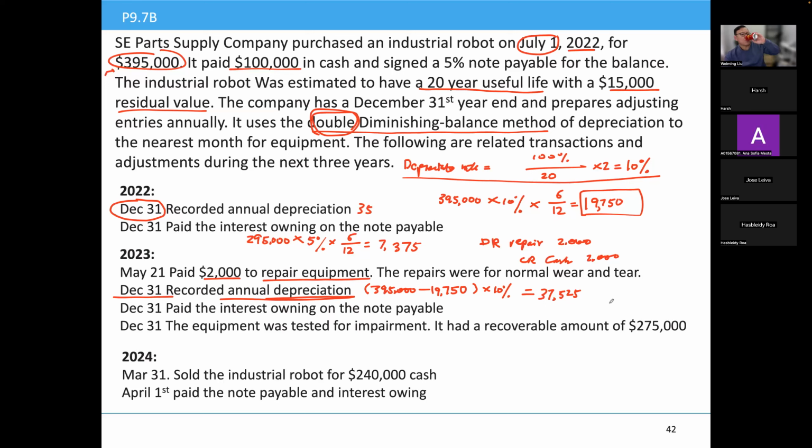But the 10% will be constant on each year that passes, right? Yeah, you always use this 10% depreciation rate, except the very last year, the 20th year. In the 20th year, you don't calculate depreciation by the multiplication, because you know the residual value of the last year, and you know the opening carrying amount.